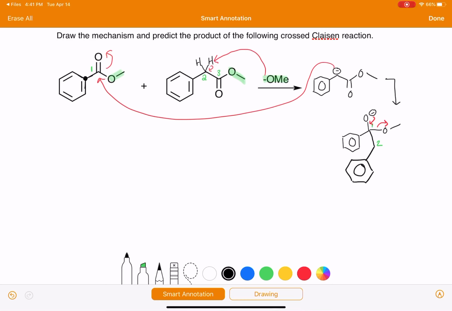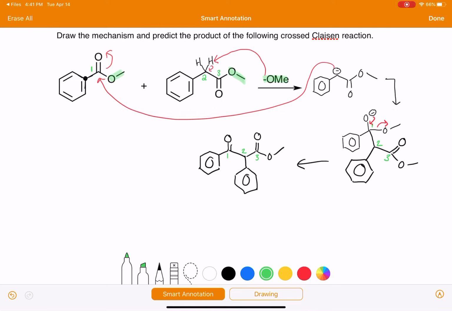It is not part of a benzene ring. It is connected to carbon number 3, which is part of the carbonyl group in the ester. That looks better, much better. So now what do we get? We have 2 with the benzene ring coming off of it, 3, OCH3. 1, 2, 3. There it is.